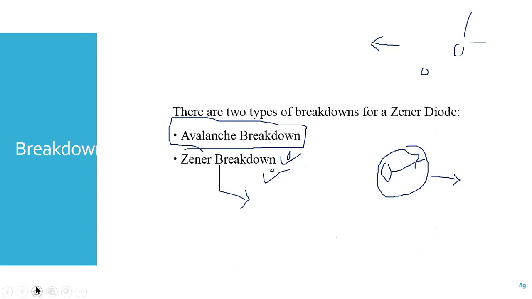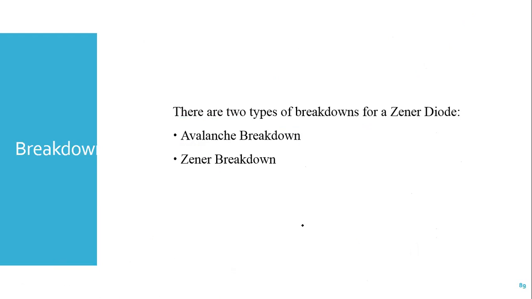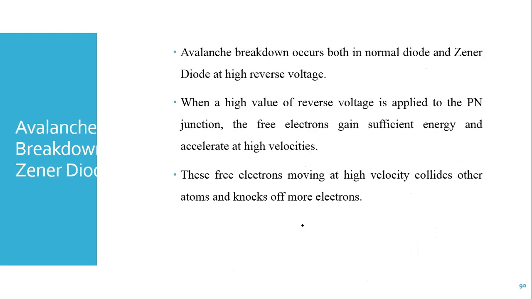So these two breakdown effects are there: first is avalanche breakdown, second is Zener breakdown. Avalanche breakdown occurs both in a normal diode and a Zener diode at high reverse voltage. When a high value of reverse voltage is applied to a PN junction, free electrons gain sufficient energy and accelerate to high velocities.